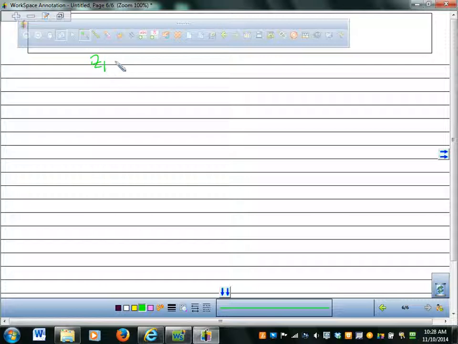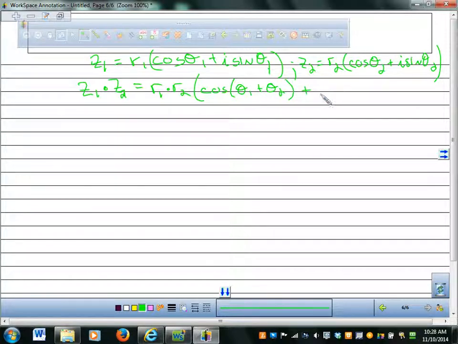If z1 equals r1 times cosine theta 1 plus i sine theta 1, and z2 equals r2 times cosine theta 2 plus i sine theta 2, then if I want to multiply two complex numbers in trig form, z1 times z2 is equal to r1 times r2, not dot product, times cosine of theta 1 plus theta 2 plus i sine of theta 1 plus theta 2.